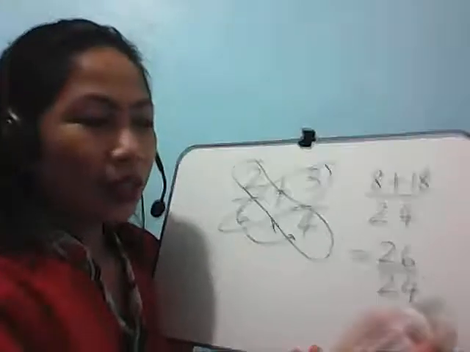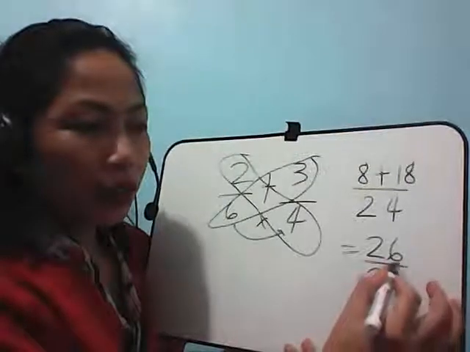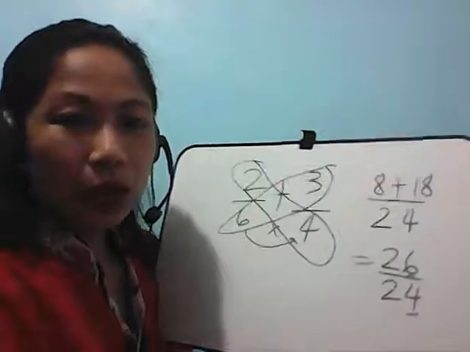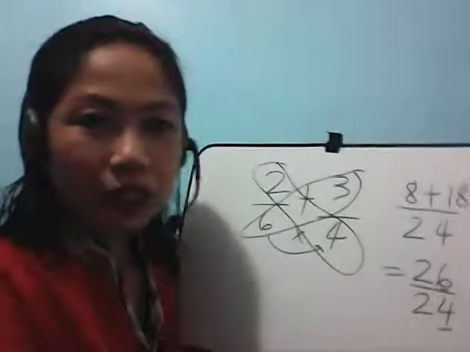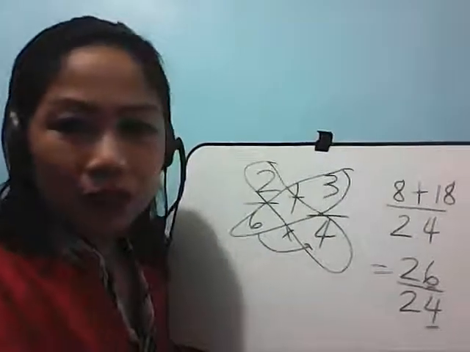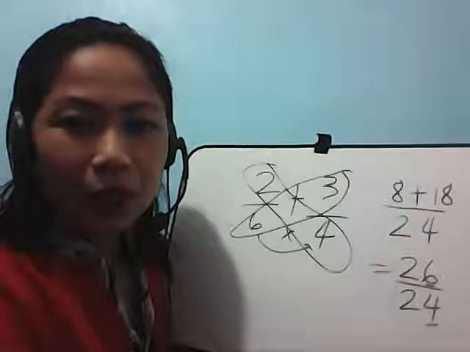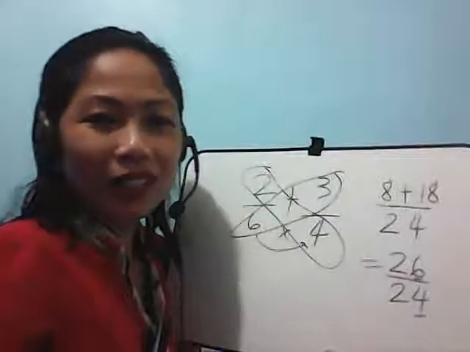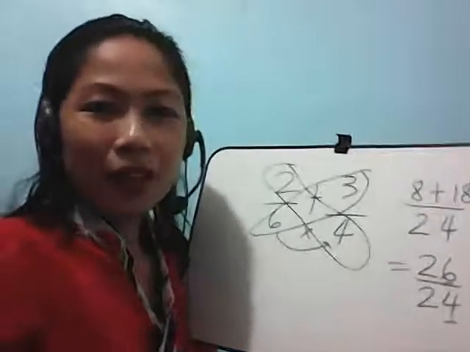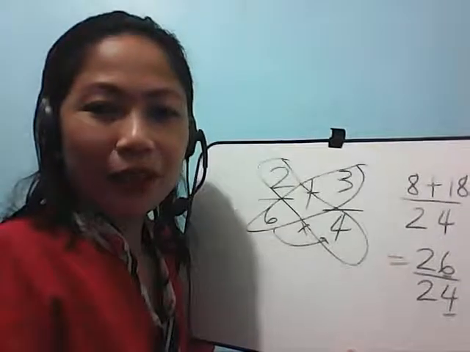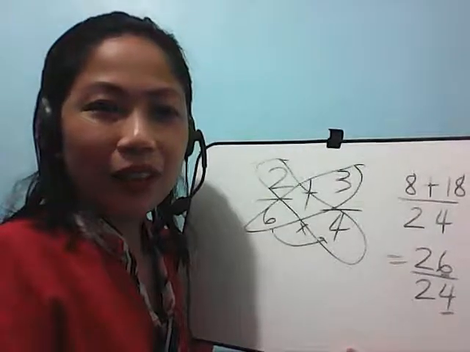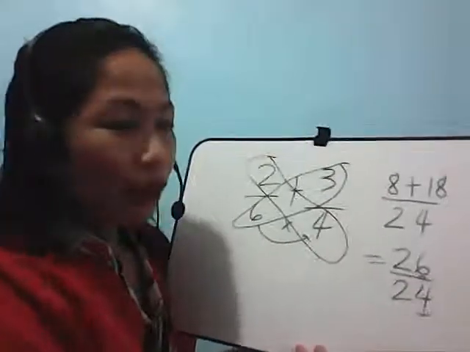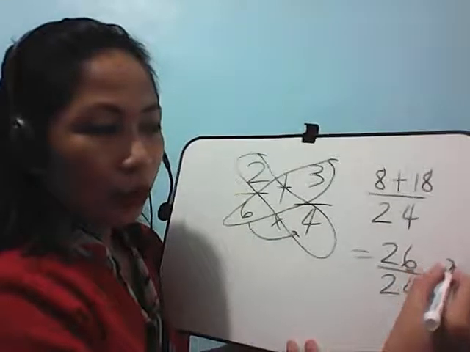Since 26 and 24, as you can see, 6 and 4 are even numbers. So, what is their greatest common factor? We divide this by 2.